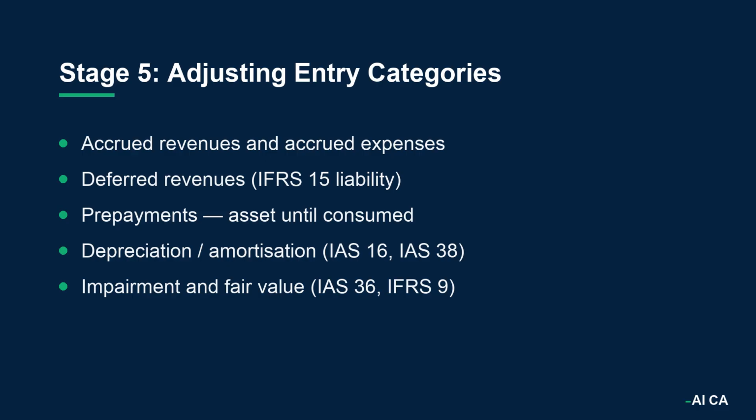On top of these, you have non-cash adjustments, depreciation and amortization under IAS 16 and IAS 38, impairment testing under IAS 36, and fair value movements under IFRS 9. Every one of these must be processed before the trial balance can support a set of statements.